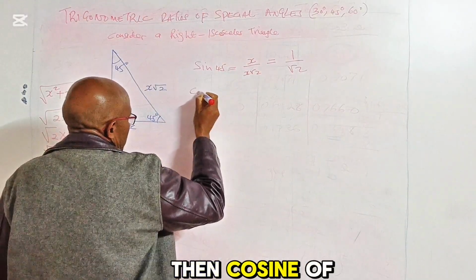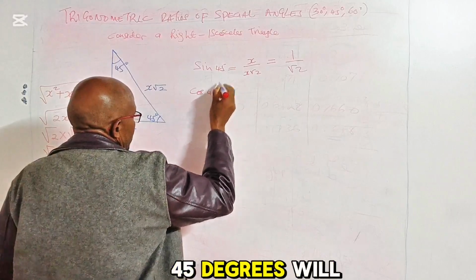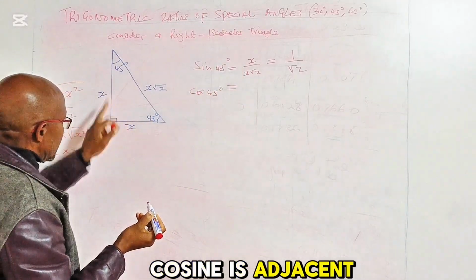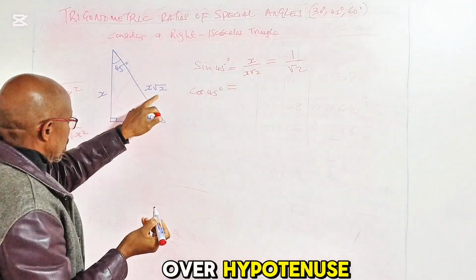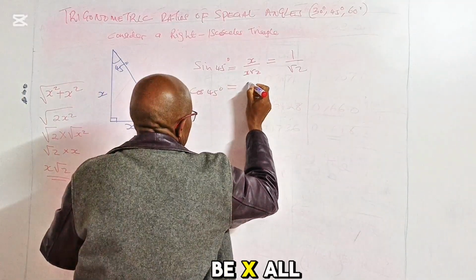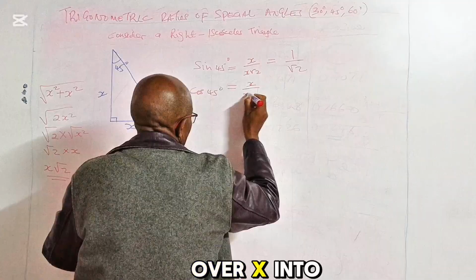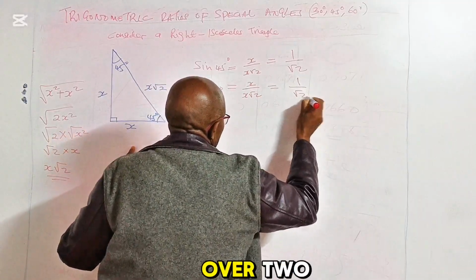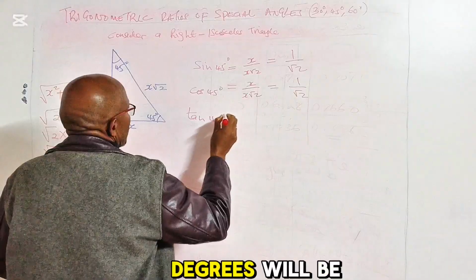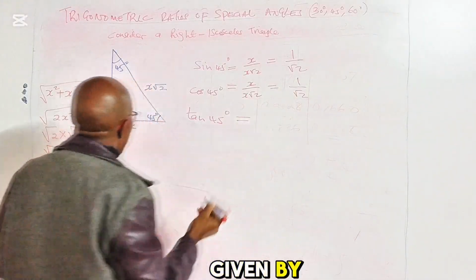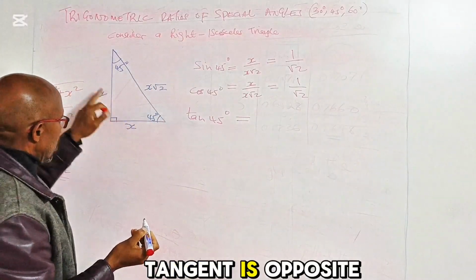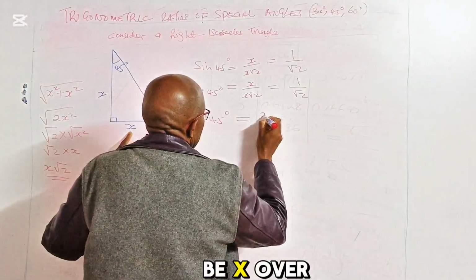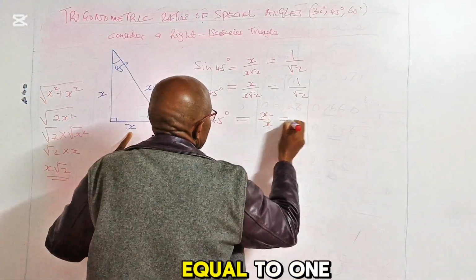Then cosine of 45 degrees will be given by, cosine is adjacent over hypotenuse. So it will be x all over x root 2, which is equal to 1 all over root 2. Tangent of 45 degrees will be given by, tangent is opposite side over the adjacent side. So it will be x over x, which is equal to 1.